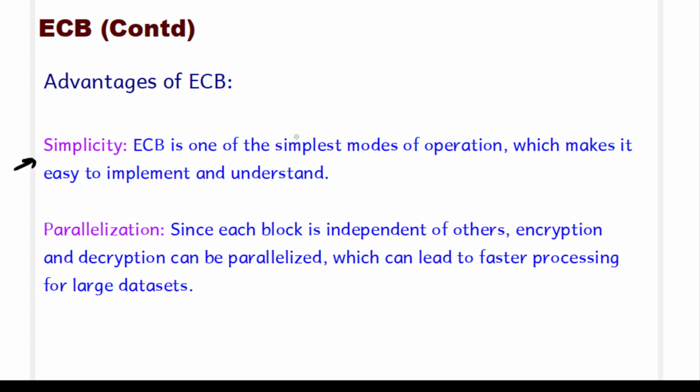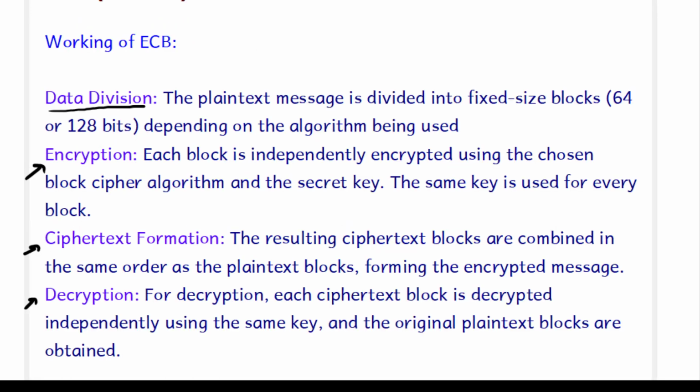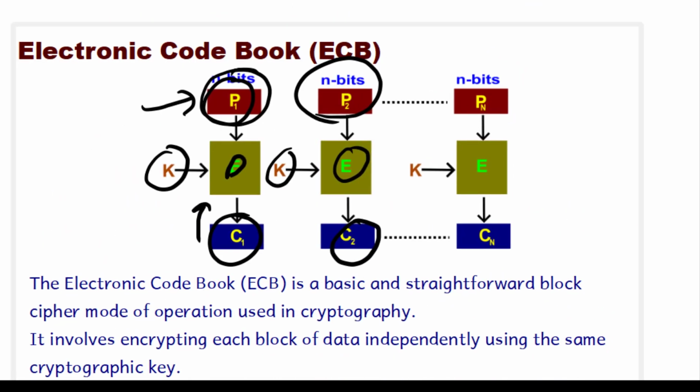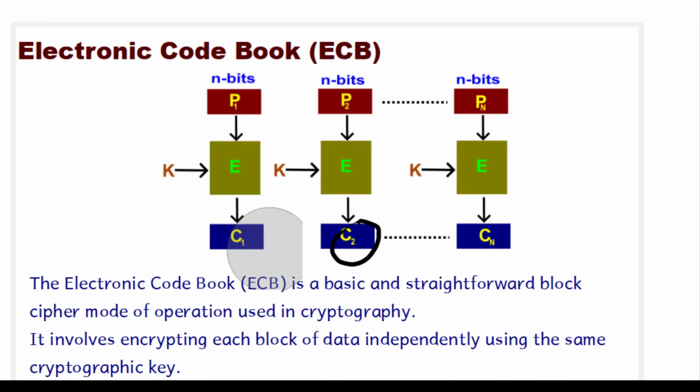As we can see, this is the simplest mode of operation, so it is easier to implement and understand, and we can achieve parallelism. So here, as we can see, every block is actually independent of the other.